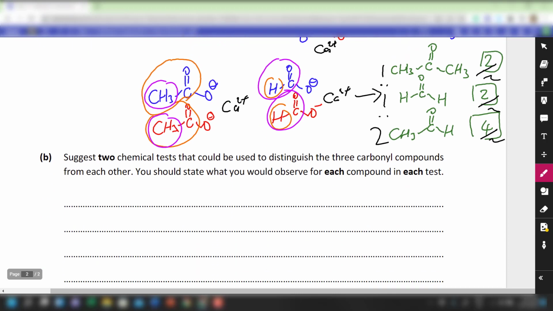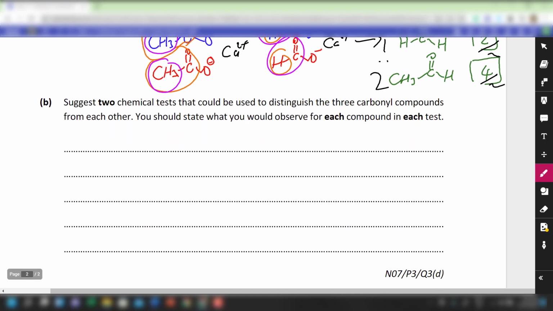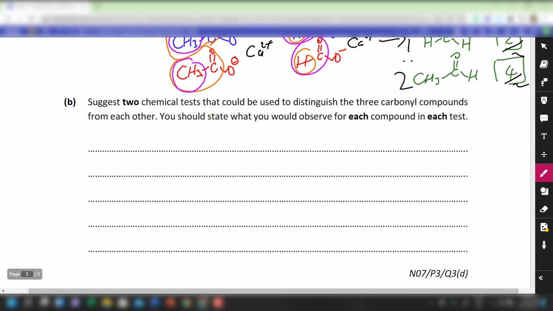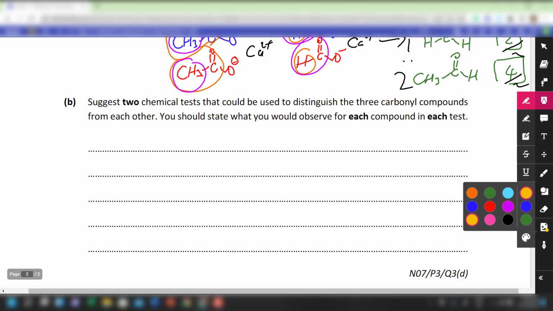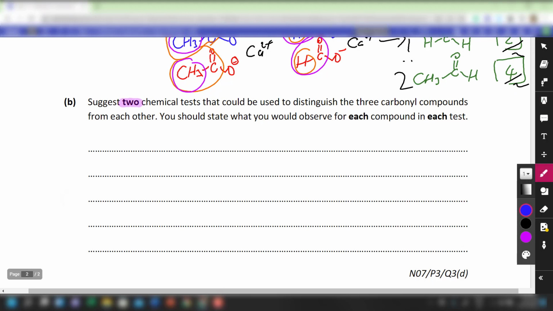Then finally, for part B, suggest 2 chemical tests that could be used to distinguish the 3 carbonyl compounds from each other. You should state what you observe for each compound in each of the tests. So I'm supposed to use only 2 chemical tests. Let us remember this, only 2 chemical tests.